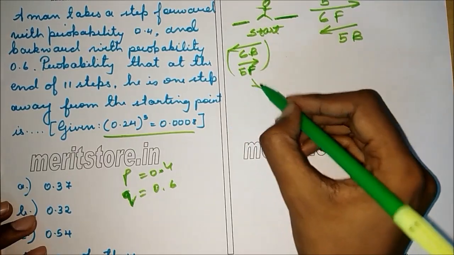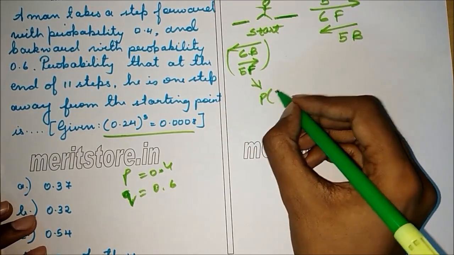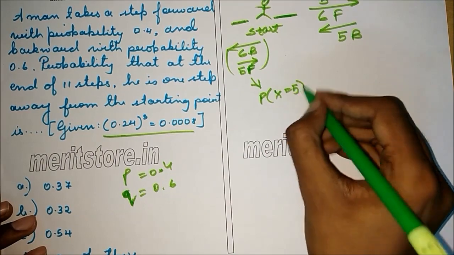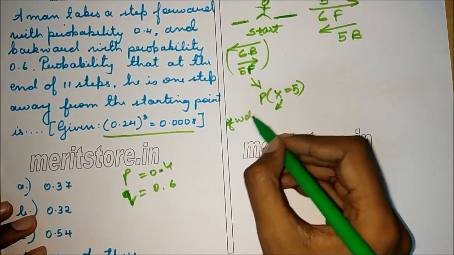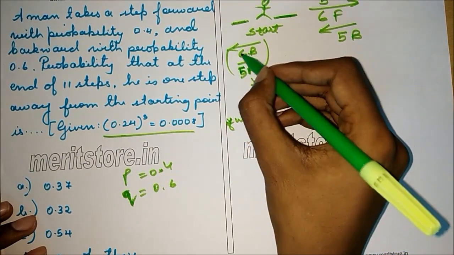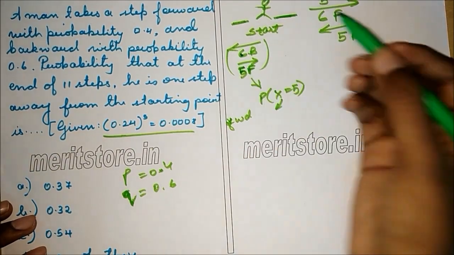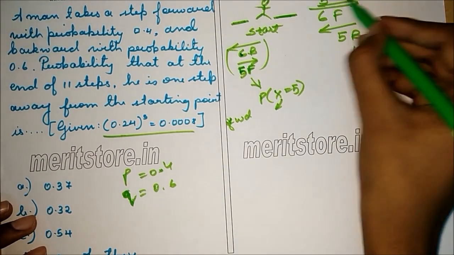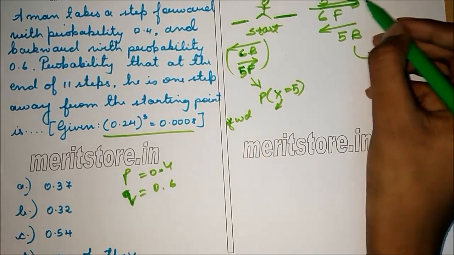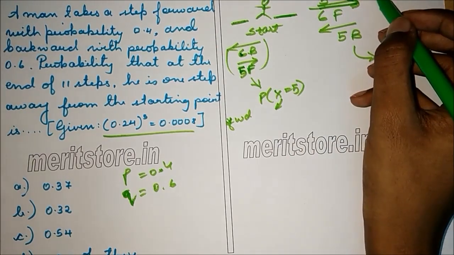That can be written as probability of x equals 5, since x is the number of moves forward. So here we have 5 forward steps and 6 backward steps, or probability of x equals 6, where we take 6 forward steps.